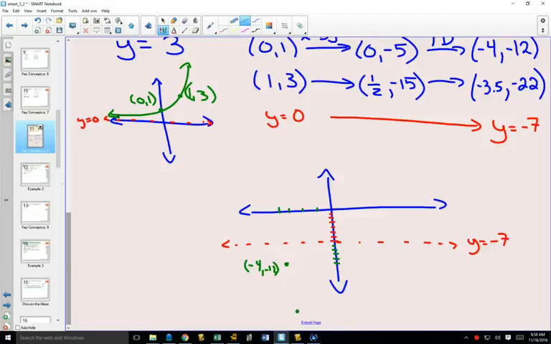I'm just going to estimate where that would be. And we have those 2 points. Now these 2 points are going to be connected, so we know this much. Which way is the graph going to curve? Well, because -3.5 is further to the right than -4, you would know that this graph was heading in this direction. Put arrowheads on the end of your graph, and there we have it.